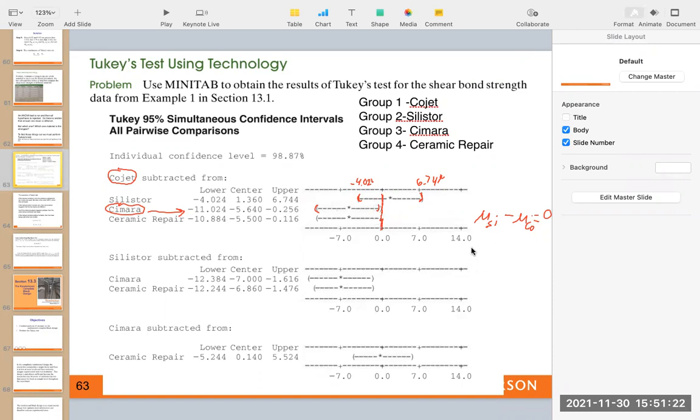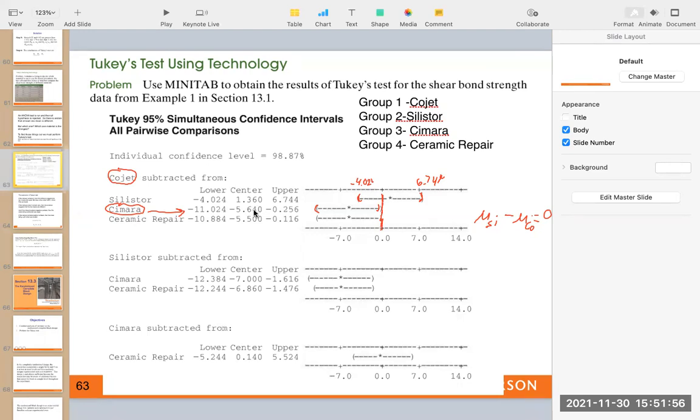So that means these two means are not believed to be equal, because we are 95% confident that the population mean of the difference between Simar and Coget is going to be between negative 11.0 and negative 0.256, but in between those two numbers, there is no 0.